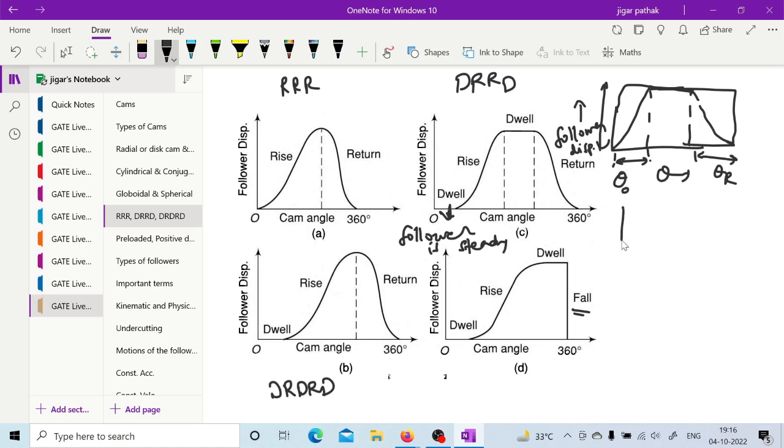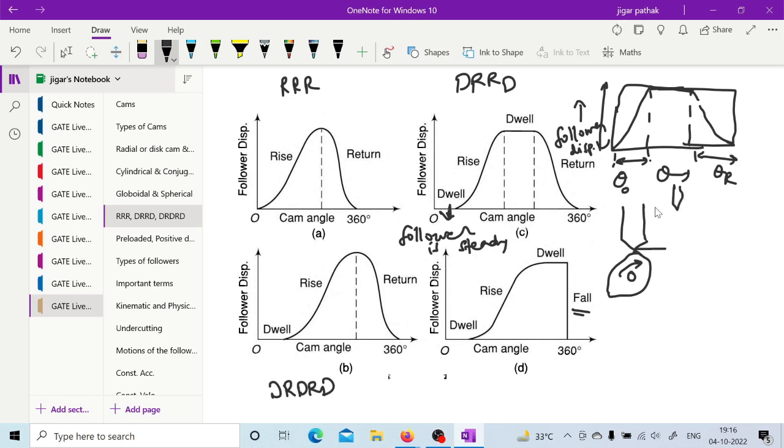So actually if I plot it on this particular schematic, then what is going to happen during this rise is this cam can have this circular motion. So during that circular motion your follower can go up, right?